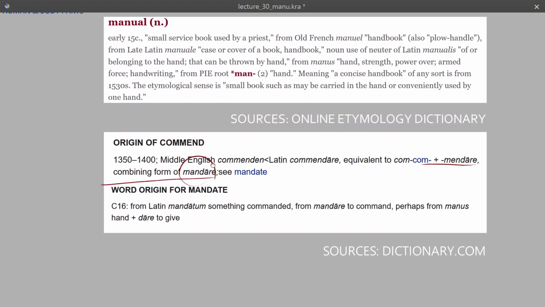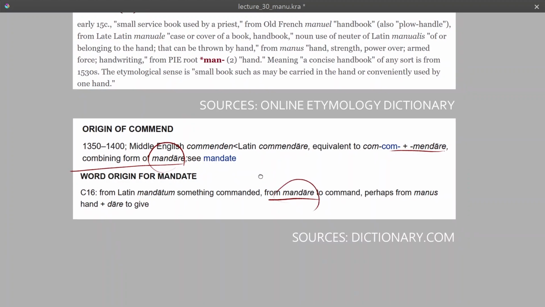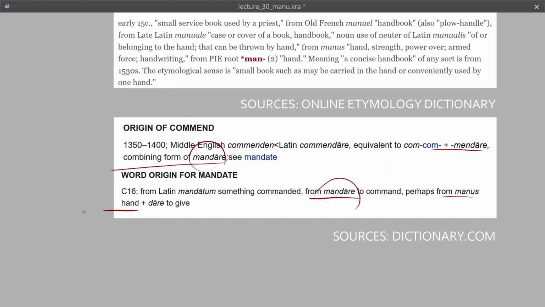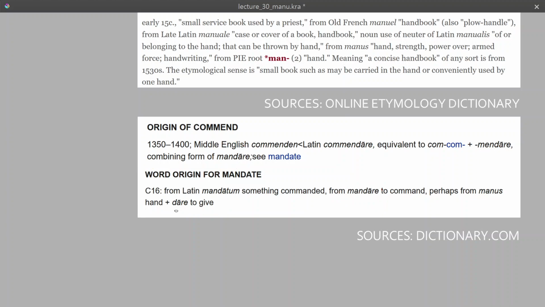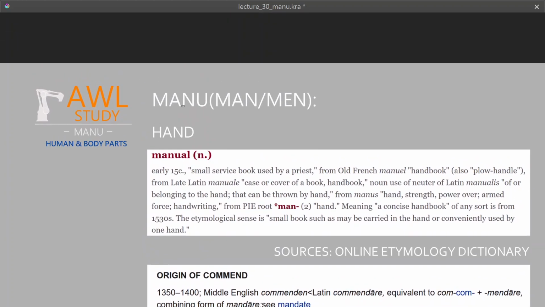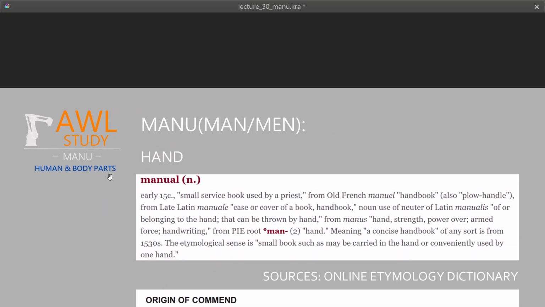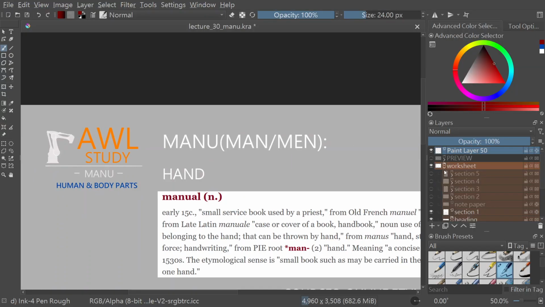So what's man there? Man there is the root man, meaning hand, followed by another root there, meaning to give. So we have the building block manu, man, meaning hand. This can now help us to unlock the meaning of many words. Alright, so what's the first word we're gonna study today?